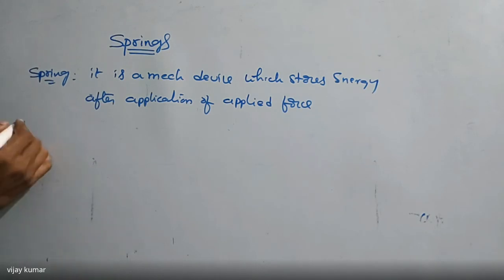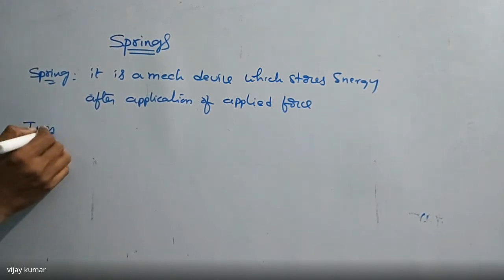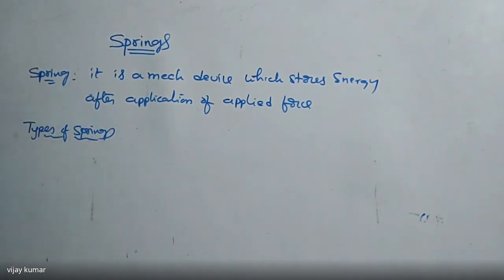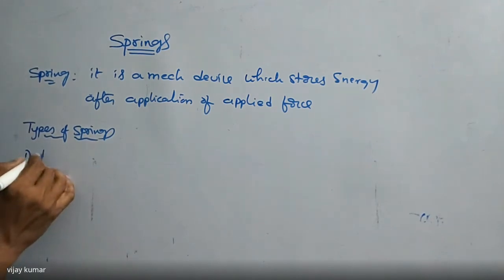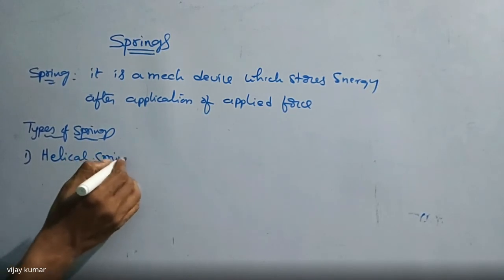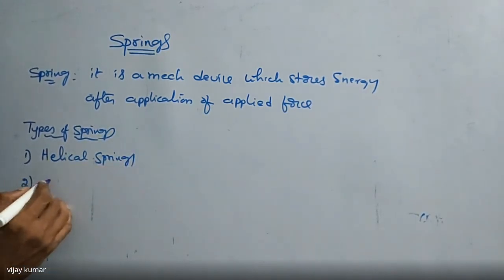And these springs are of different types. So types of springs: first one is nothing but helical springs. Next one is spiral springs.